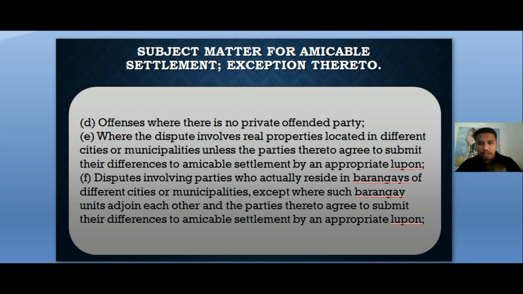Where the dispute involves real properties located in different cities or municipalities, unless the parties thereto agree to submit their differences to amicable settlement by an appropriate lupon. So, if the real property is located to a different municipality, for example, Municipality 1 and Municipality 2.